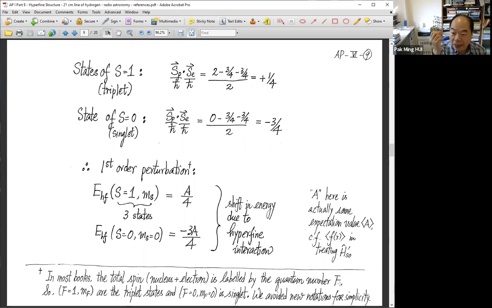It is only a notation problem, okay? So I get the physics through first.